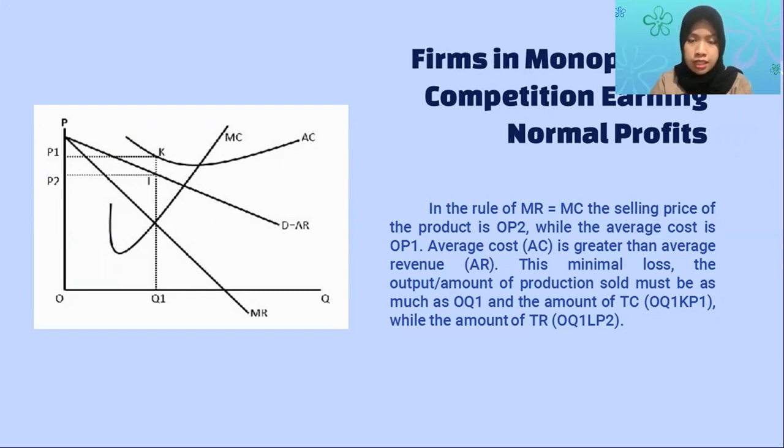For minimal loss, the output sold must be as much as 0Q1, and the amount of TC is 0, Q1, K, and P1. So 0, Q1, K, P1, and back to 0. While the amount of TR is 0, Q1, L, and P2, which is smaller than the TC.